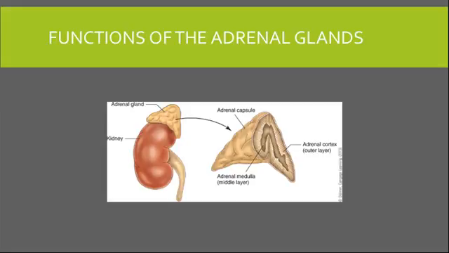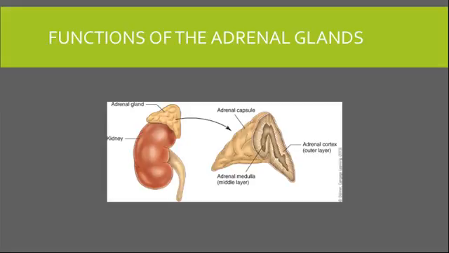The adrenal cortex produces and secretes corticosteroids, which are glucocorticoids, mineralocorticoids, and sex steroids. The adrenal medulla produces our fight or flight response. One thing I want you to make sure to associate here is cortisone. Cortisone is a hormone that is made by the adrenal glands, and it's important in the regulation of body metabolism.